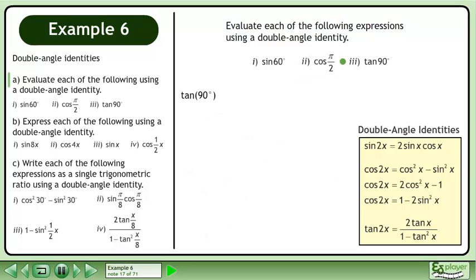In question 3, evaluate tan of 90 degrees. Write 90 degrees as a double angle. In other words, factor out 2 to get 2 times 45 degrees. Use the double angle tan identity.